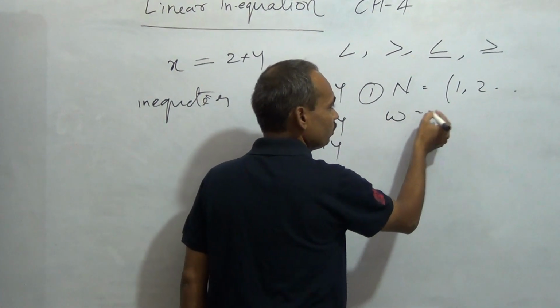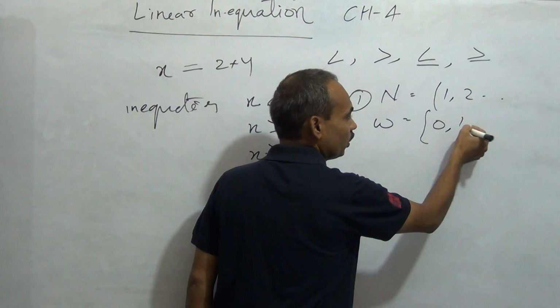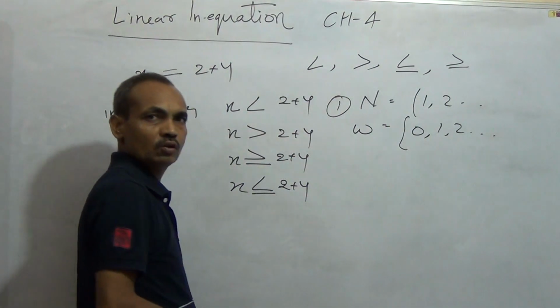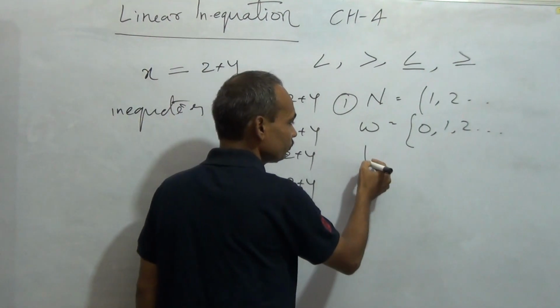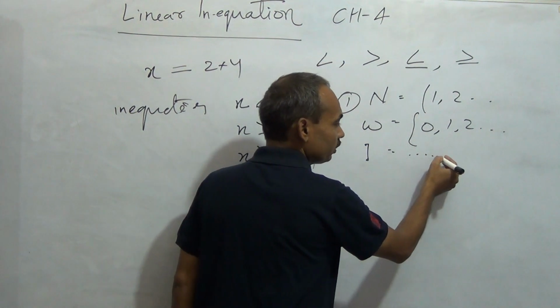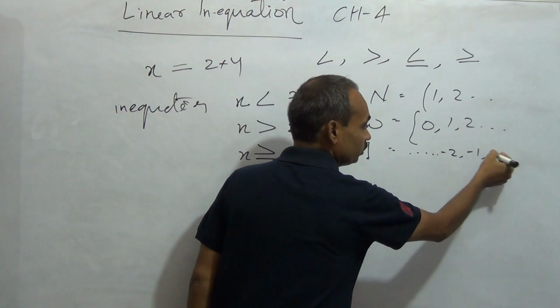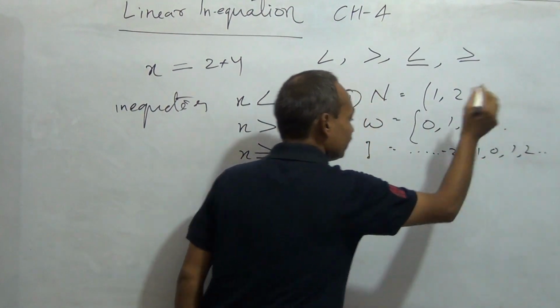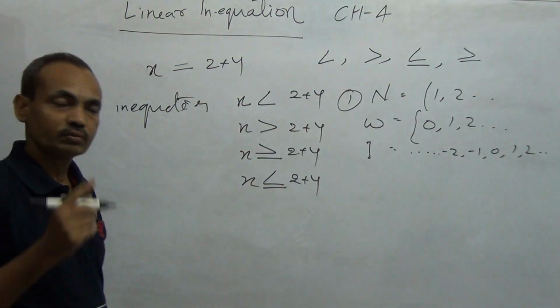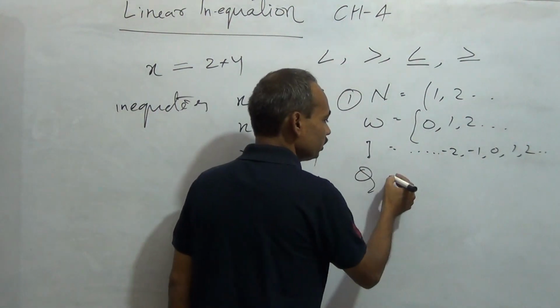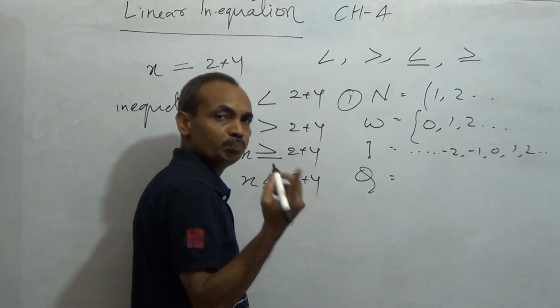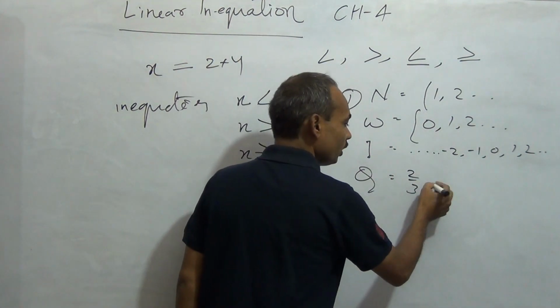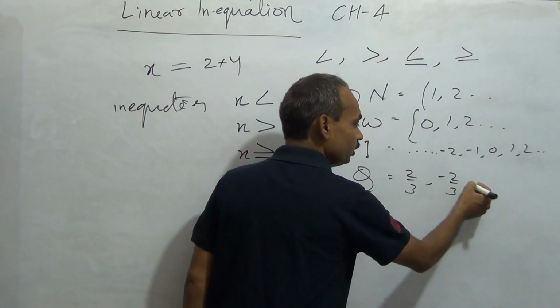What is a whole number? 0, 1, 2 and so on. What is an integer? Dash dash dash, minus 2, minus 1, 0, 1, 2, dash dash dash. What is a rational number? Any number in p upon q, like 2 by 3, minus 2 by 3 and so on.